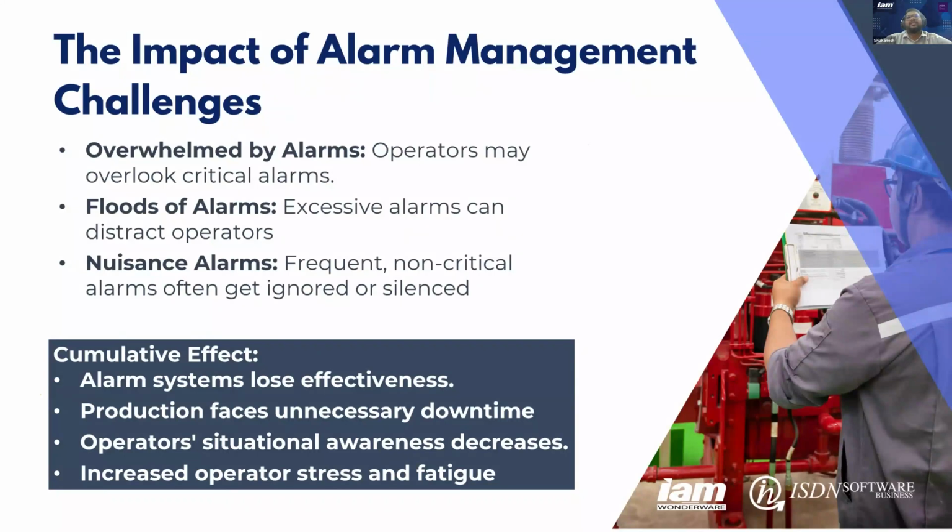And of course, one more key challenge is poor alarm prioritization. This is quite important because if you never prioritize your alarms in a proper order or in a correct manner, which is critical, non-critical, and etc., what will happen is all your alarms will be at the same pace. So you are not able, at a glance, to identify which is critical and which is non-critical, right?